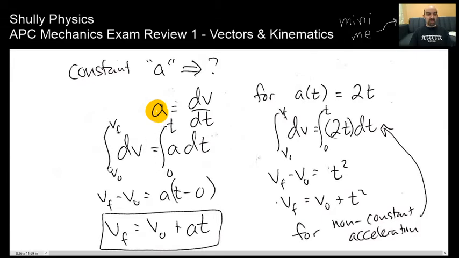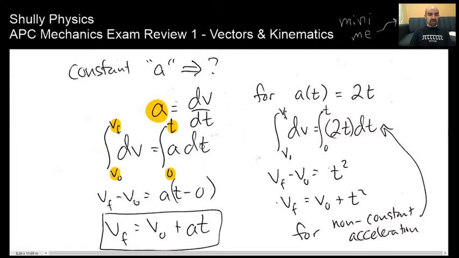If we integrate from some starting velocity to some final velocity, then on the right side, we integrate from the starting time t equals 0 to some arbitrary time t later on. The integral of dv is v, and we take the final v minus the initial v on that side.